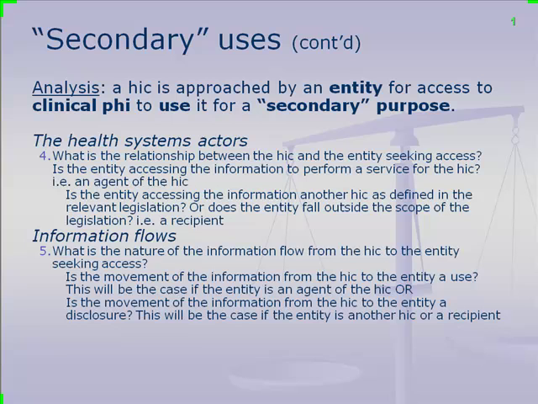The information flow. So if the information is going to an agent, as I said before, that's going to be a use. And if it's not, if it's going to another HIC or a recipient, it's going to be a disclosure.